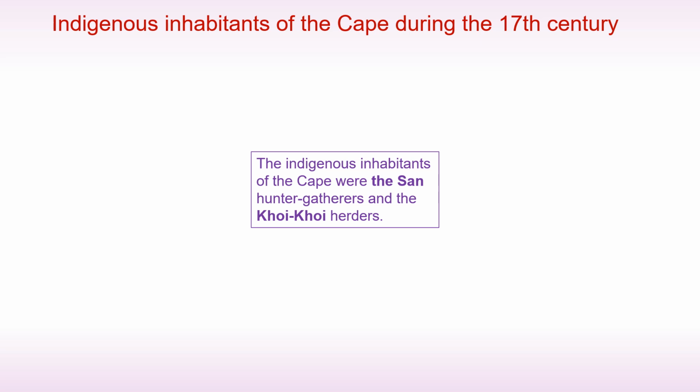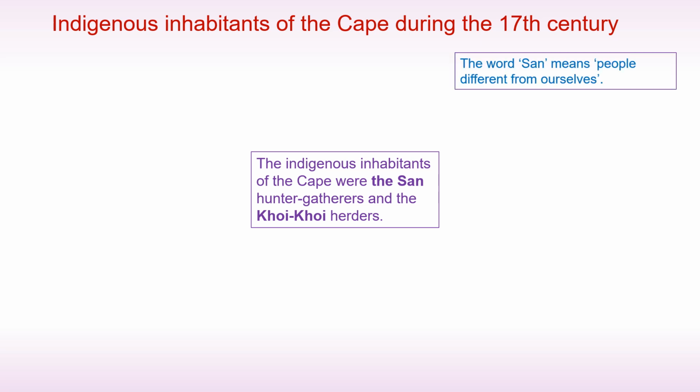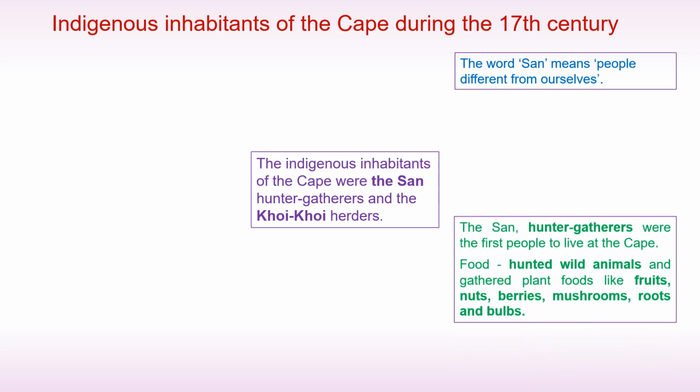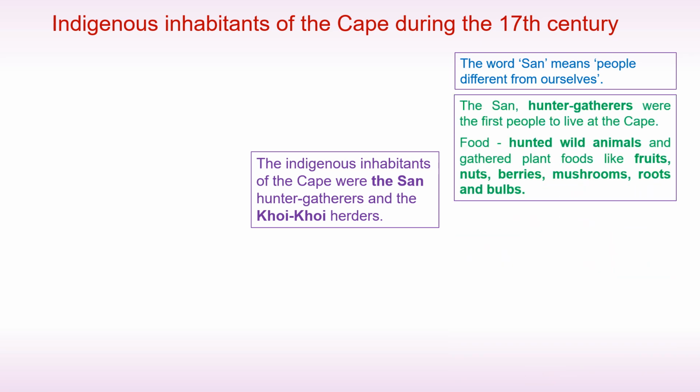So the first inhabitants were basically the San and the Khoikhoi. The San were hunter-gatherers and the Khoikhoi were herders and pastoralists. Now the San basically meant people that were different from ourselves. So they were hunter-gatherers, and the food that they used to eat was basically from wild animals.